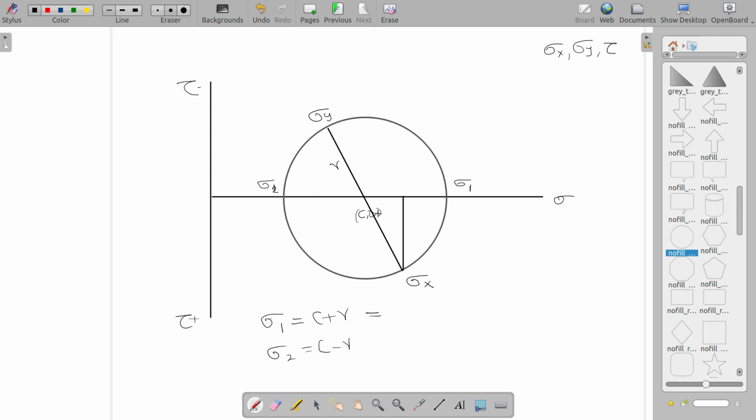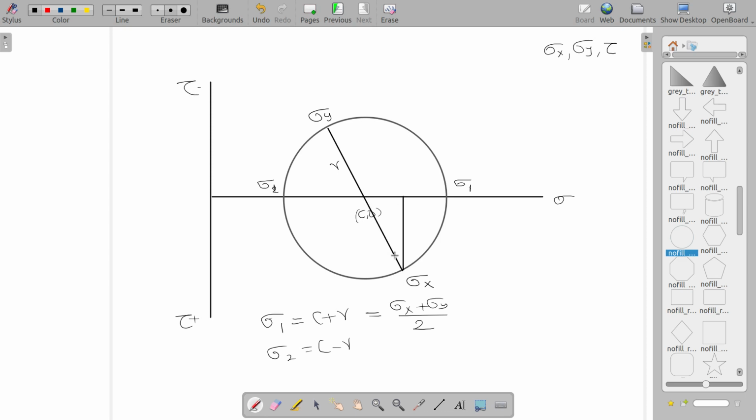But what is C here? C is the center of the circle, so C will be equal to sigma x plus sigma y by 2, right? So this is the diagonal. So the middle of the diagonal can be found out by averaging sigma x and sigma y.